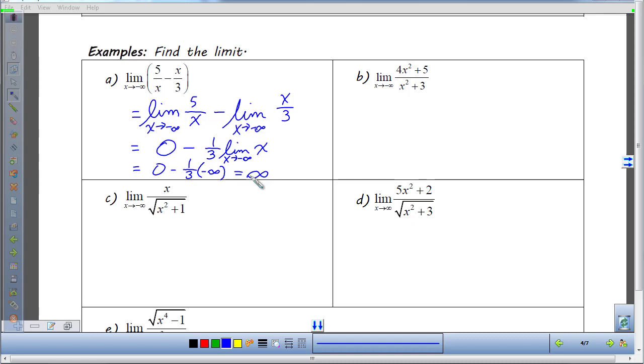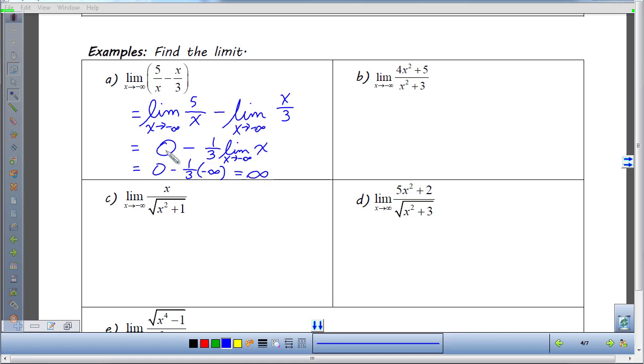Okay, let's take a look at B. In A, note that they had some help for us. We were already almost in that form, at least for one term, where we could say that the limit as x approached negative infinity was 0. If we're not already in that form, then we want to try to get as many terms as possible in that form or as a constant.